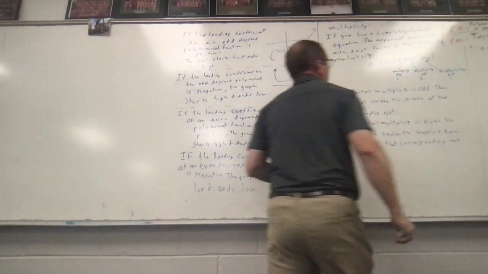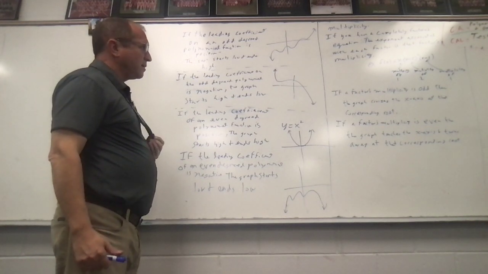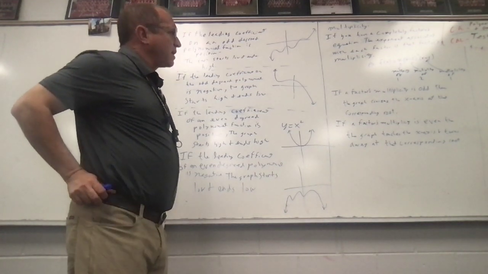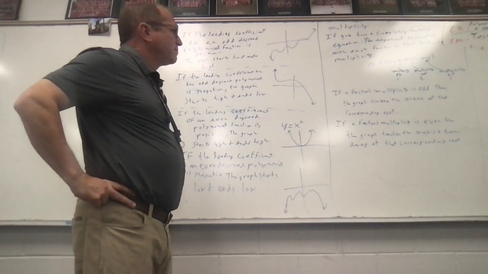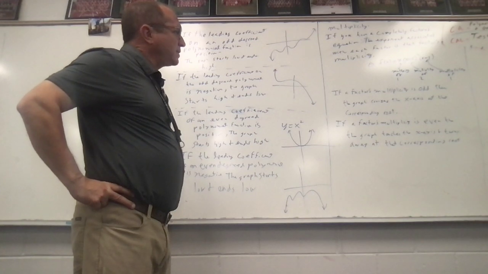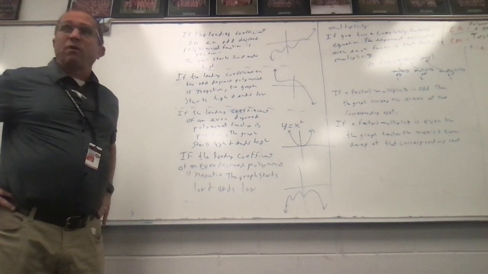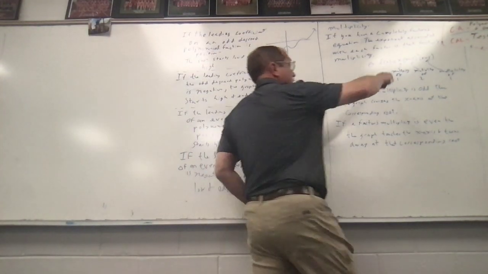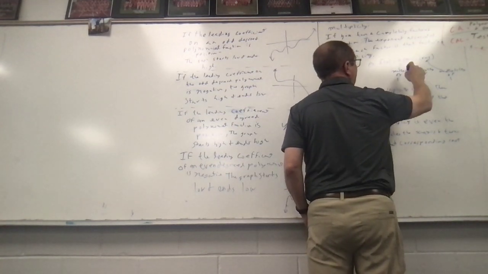So I wrote an example of a problem that is completely factored. Its f of x is x times x minus 5 squared times x minus 1. Now, that x in front is as if it's associated with 0, so this is like x minus 0 to the first power.